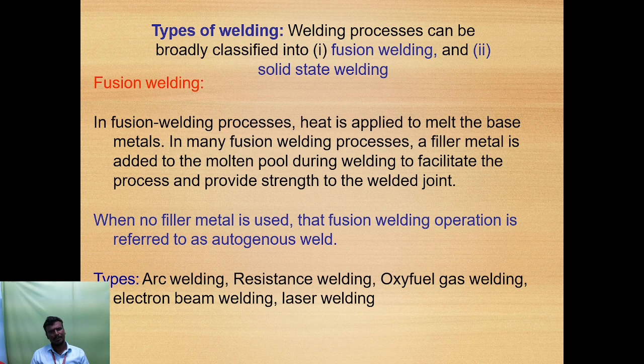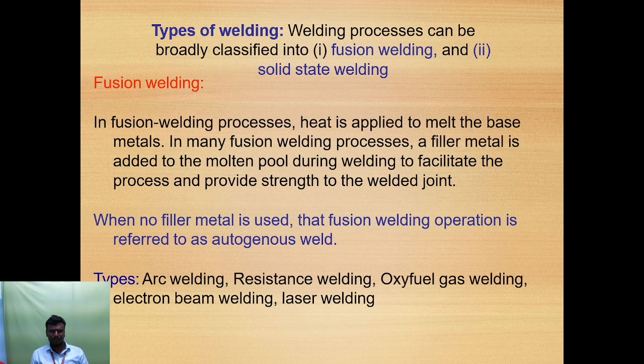In many welding processes, a filler metal is added to the molten pool during welding to facilitate the process and provide strength to the welded joint. When no filler metal is used in the fusion welding process, the operation is referred to as an autogenous weld.